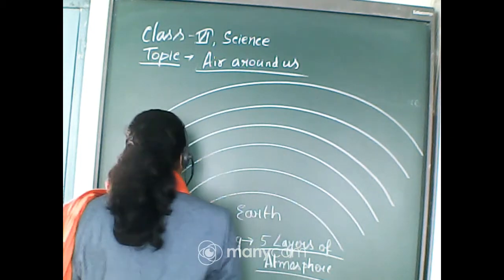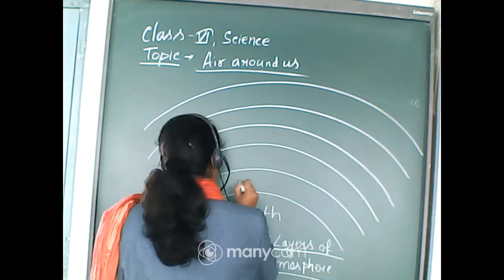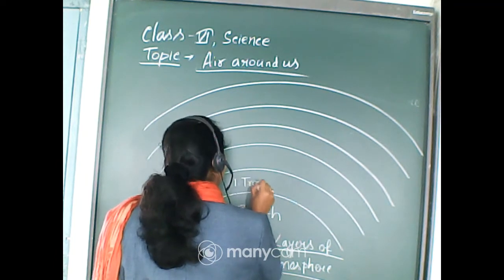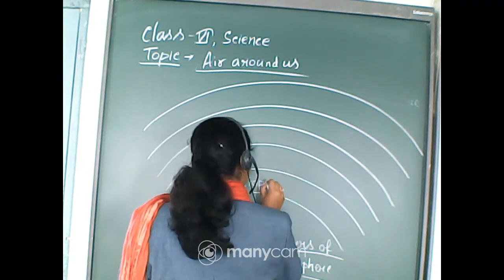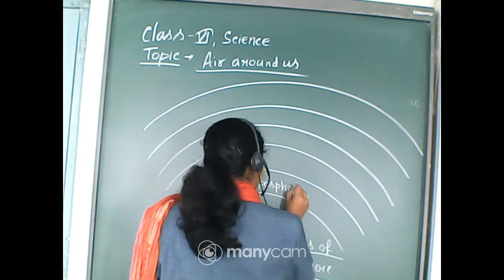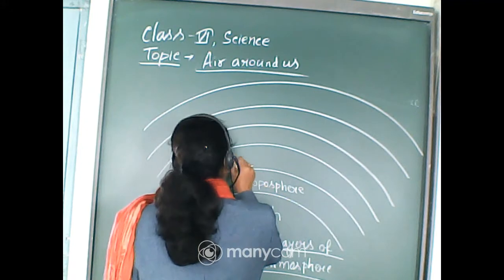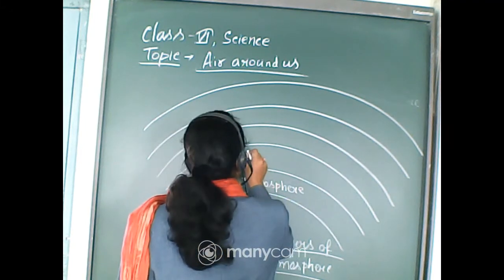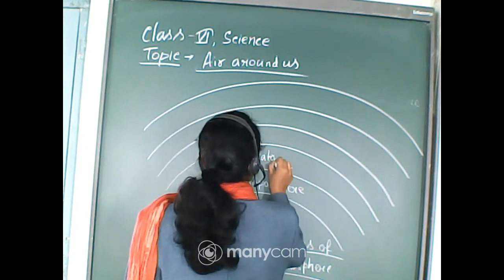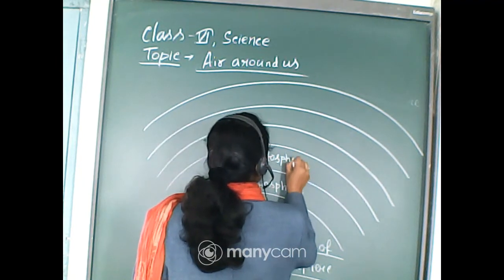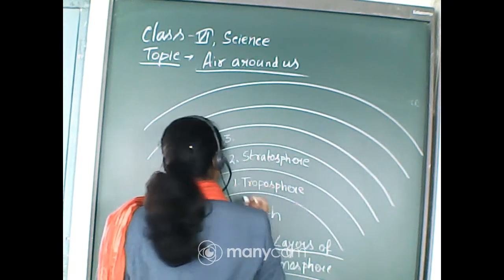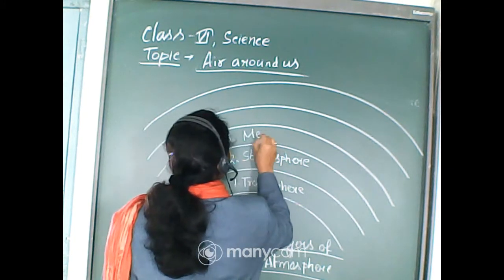Now the first layer is called troposphere. The second layer is called stratosphere. The third one is called mesosphere.